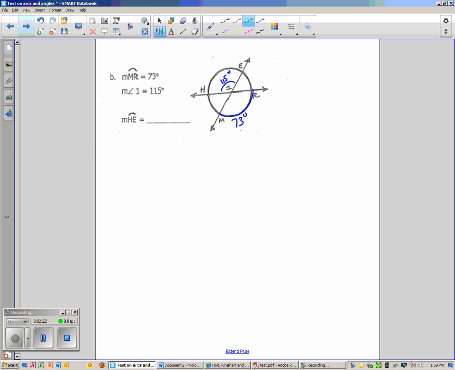And it wants me to find the measure of HE, which I'll just go ahead and label my X. Well, since I know that the equation that I'm using, the measure of angle 1, is equal to 1/2 arc 1 plus arc 2, I'm just going to fill in the information that I'm given. I'm given that the measure of angle 1 is 115 degrees, and that's equal to 1/2. Arc 1 is 73 plus this arc, which I don't know.